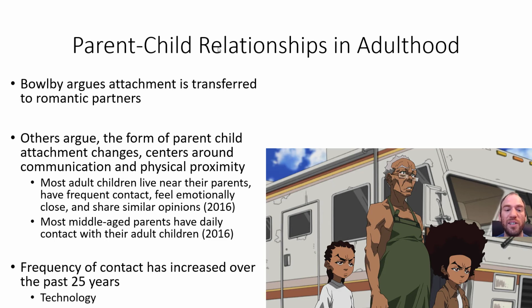But I also want to point out that the emotional closeness and sharing of similar opinions between parent and child, feeling that they're very similar and very close, was published in 2016, which means the data was collected in 2014, 2015.